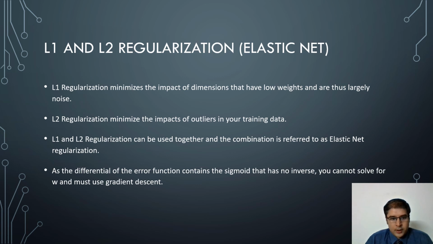The combination is referred to as elastic net regularization. As the differential of the error function contains a sigmoid that has no inverse, you cannot solve for W and must use gradient descent. So in this elastic net scenario, we must use gradient descent, as the differential of the error function will have a sigmoid that has no inverse, so we cannot solve for W.